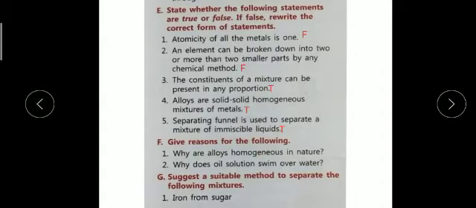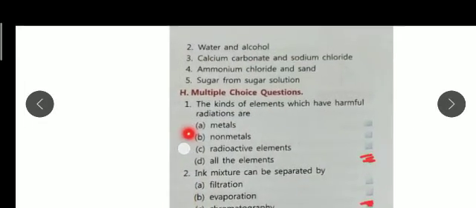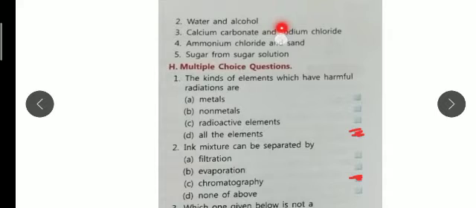Next, this G part, F part I will send to you. G part we have already discussed, so I am not going to write. Iron from sugar: we know that iron has the magnetic property, so we can easily separate it by magnetic separation. Next one is water and alcohol, distillation method.